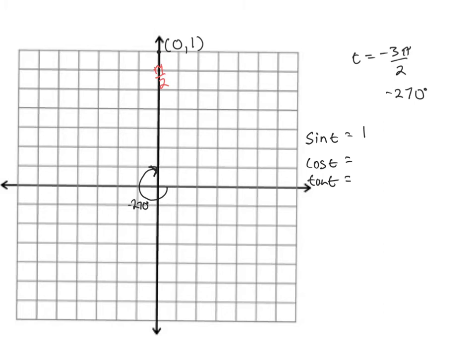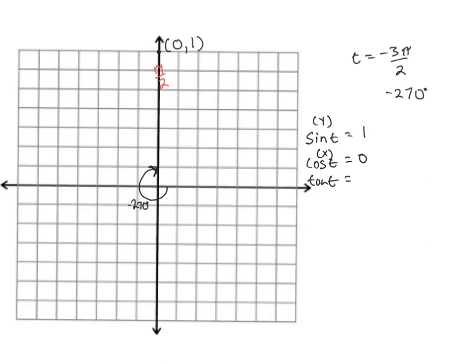Our cosine of t would be our x coordinate. So for those of you that know, sine is always y, cosine is our x. So cosine of t would be 0.